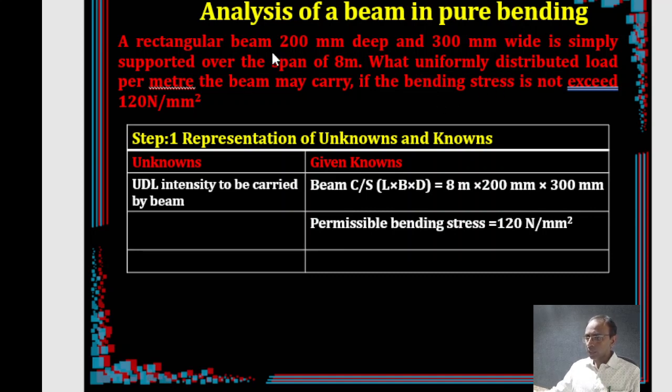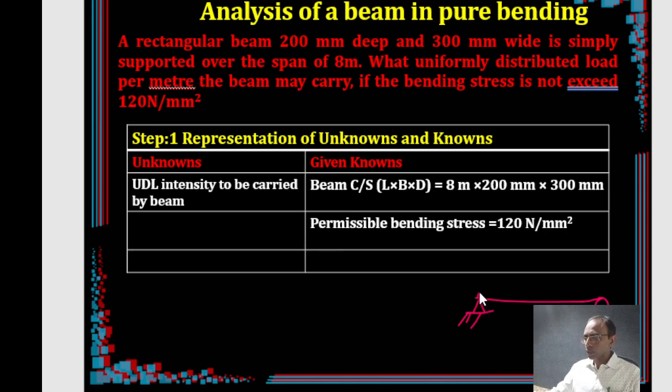We have a rectangular beam having so and so depth and so and so width, simply supported over the span. If you represent the beam here, you have been given a simply supported beam, which means having one roller and one hinge. It doesn't matter which location is on the left or right side.